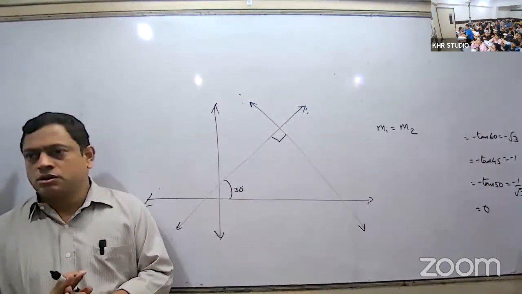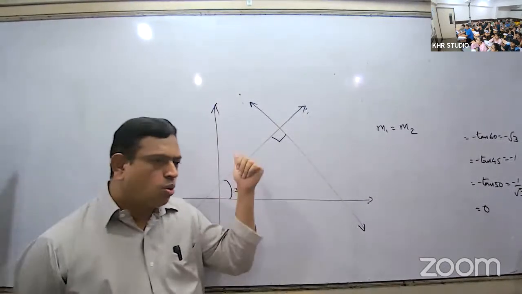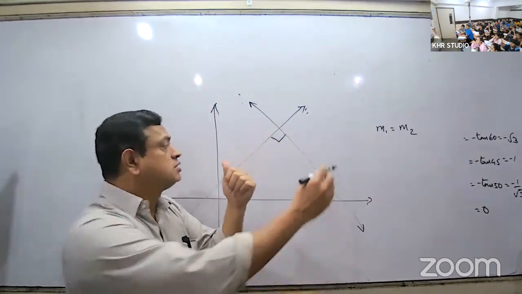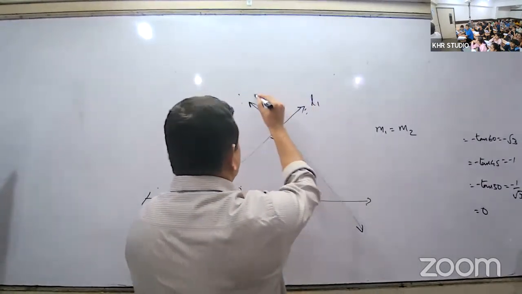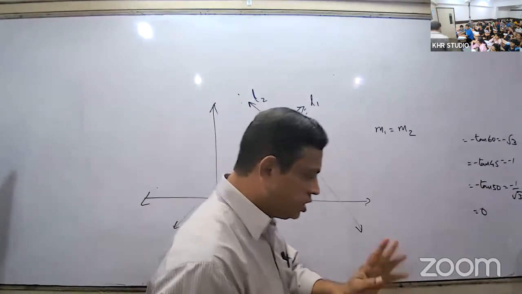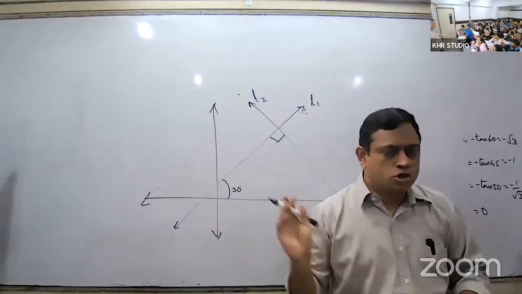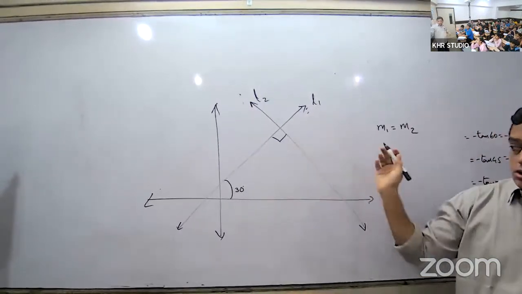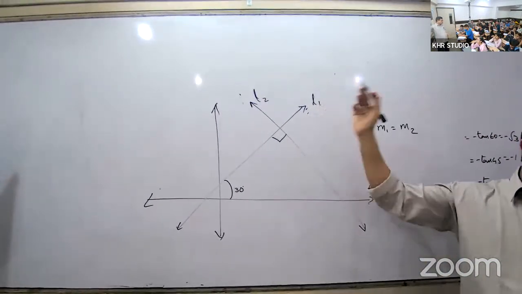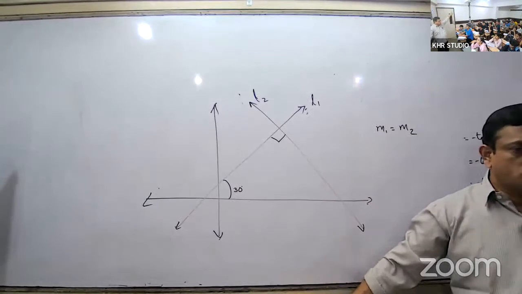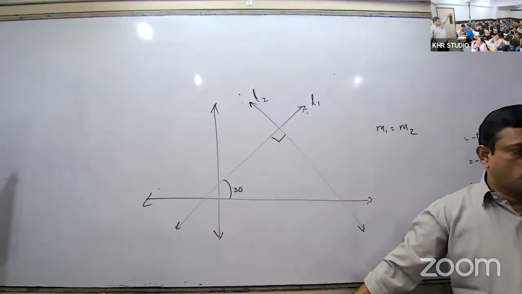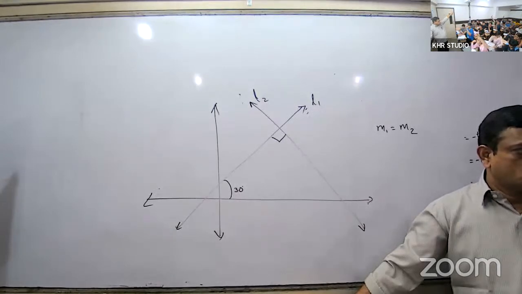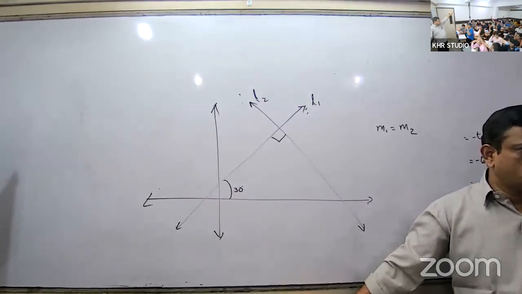Now, let's say this is the line L1. What is the slope of L2? Find out and tell me. No discussion. What is the slope of these two lines, the line L1 and the line L2? Those who got it, raise a hand. Slope of L1 and L2.